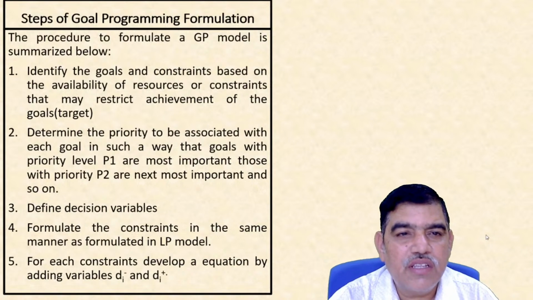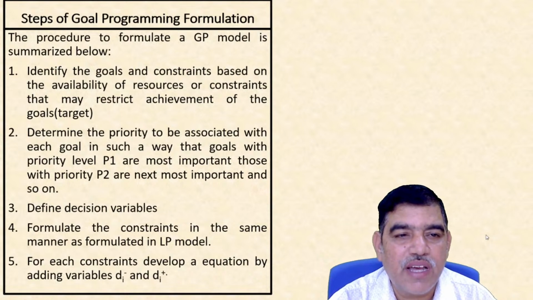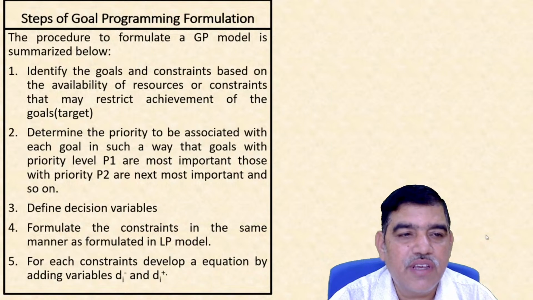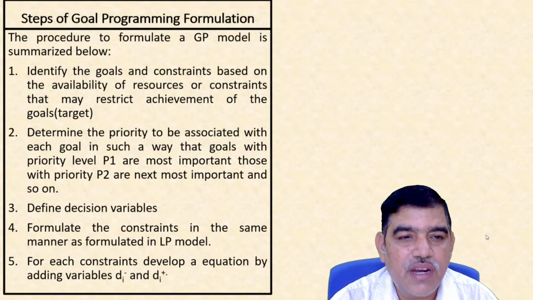So there are many steps in how to formulate the goal programming model. The first step is to identify the goals. In examples 1 and 2, I have explained these steps. Identify the goals and constraints based on the availability of resources or constraints that may restrict achievement of the goals, that means the targets.